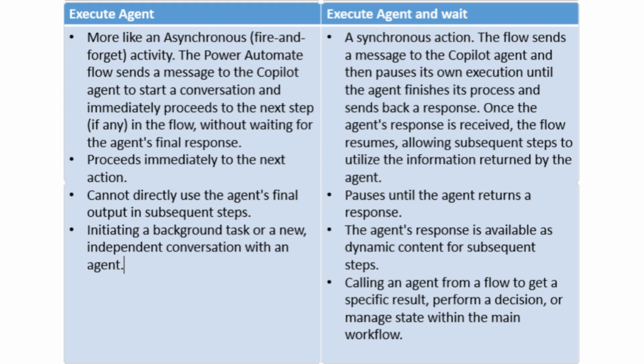So if any response comes back from the agent's activity, you are able to trace it and do any kind of manipulation, if you want to parse it, read the response, or do any further downstream actions. Execute agent and wait lets you do so, whereas execute agent won't. It's not possible to do the same.